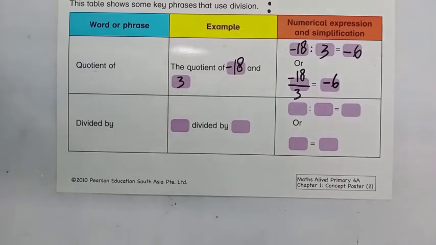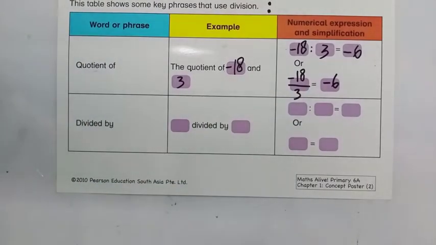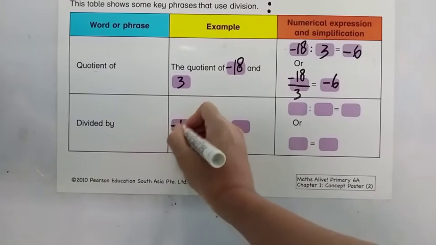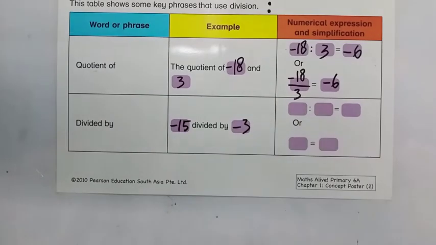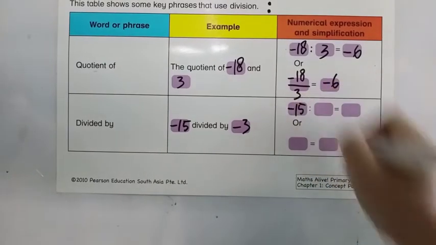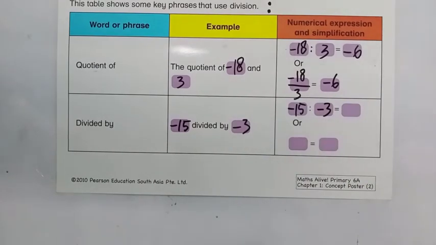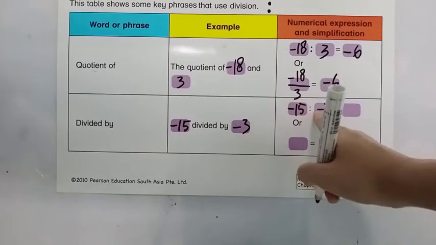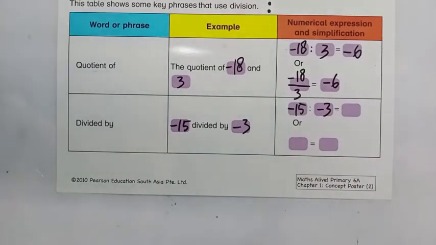Understand? Let's continue to the other words. There is divided by. For example, negative 15 divided by negative 3. How to write in numerical expression is the same. First, we write negative 15 and then we write negative 3. Don't forget the rule, negative divided by negative.